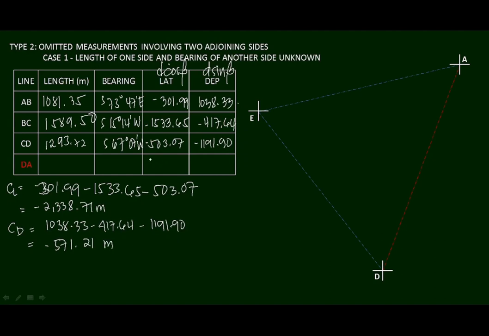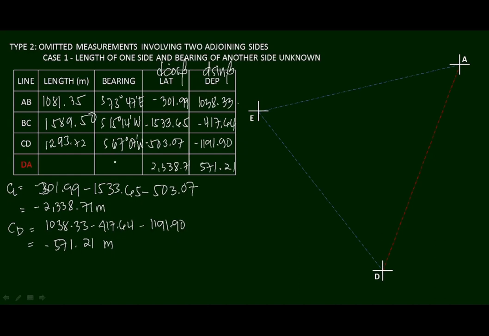So again, when I write it here in the closing line, for DA, its latitude takes the opposite sign, 2,338.71. And for my departure, that is 571.21. Again, for the bearing, inverse tangent of departure over latitude.